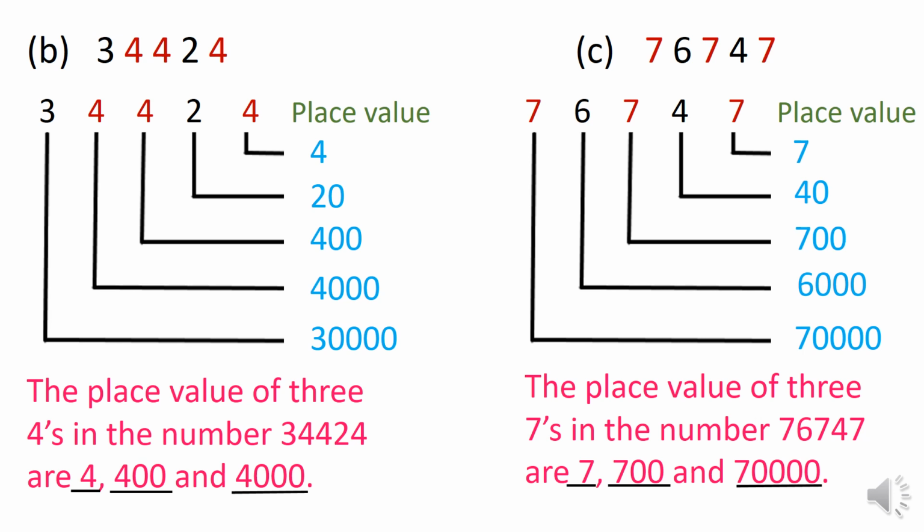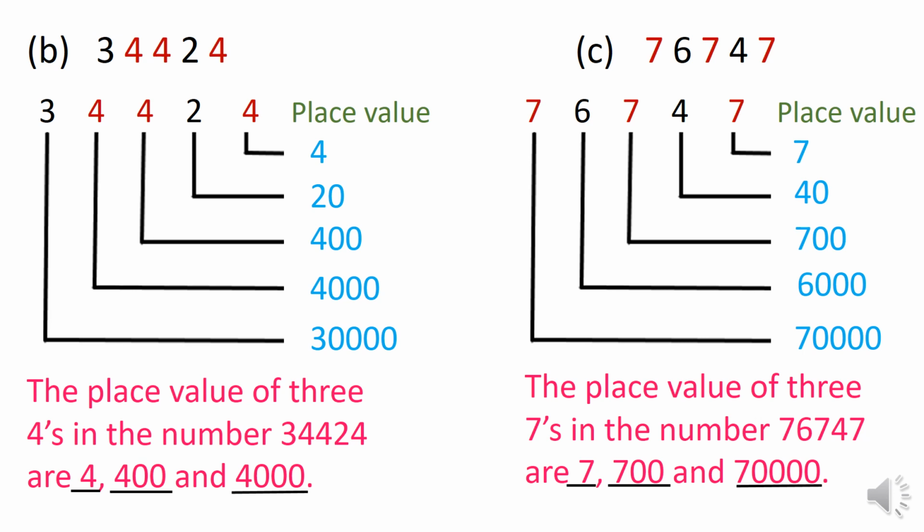The place value of 4 is 4,000 and the place value of 3 is 30,000. So the place values of the three fours in the number 34,424 are 4, 400 and 4,000.